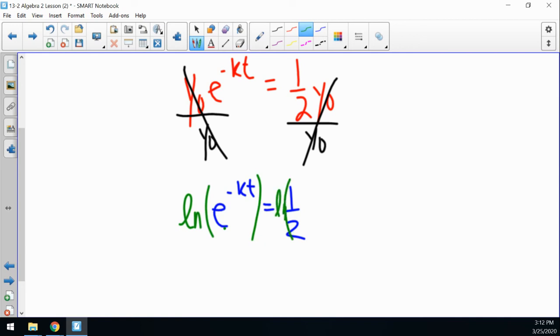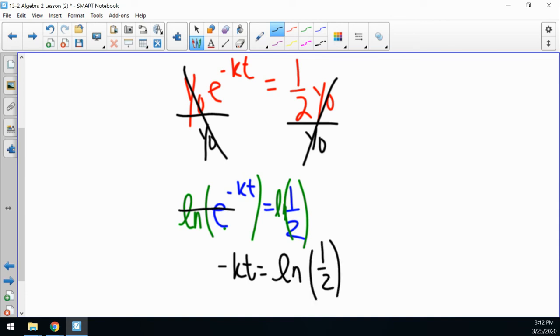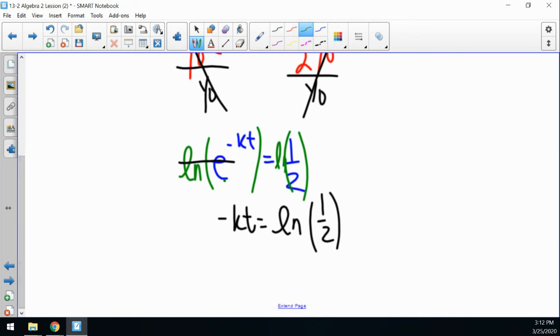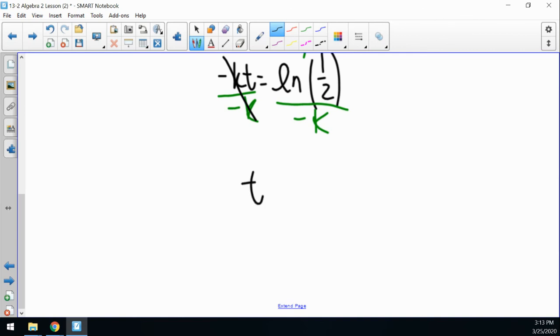Natural log and e cancel each other out, and I say that negative kt is equal to the natural log of 1/2. Now, you may know this or you may not, but if we want to solve this for t, I'm going to divide by negative k on both sides.